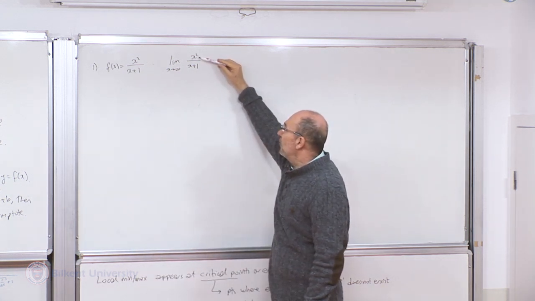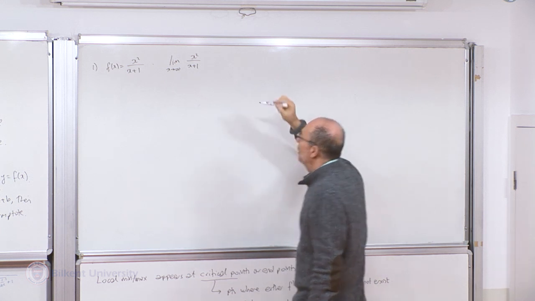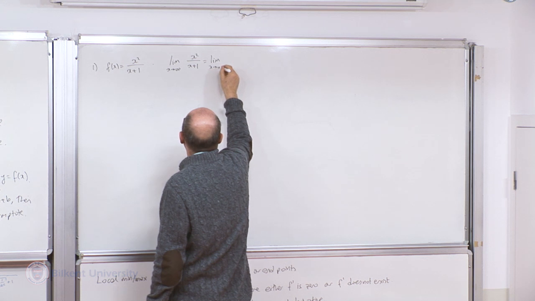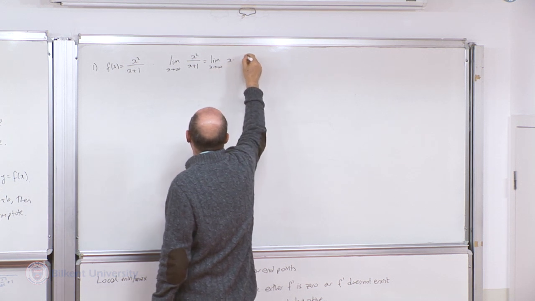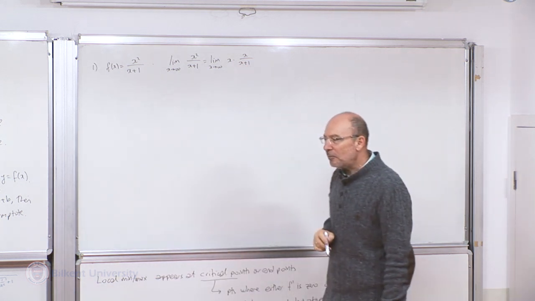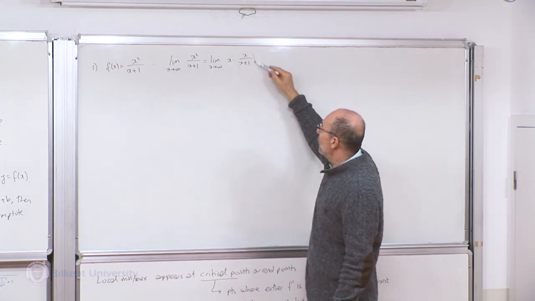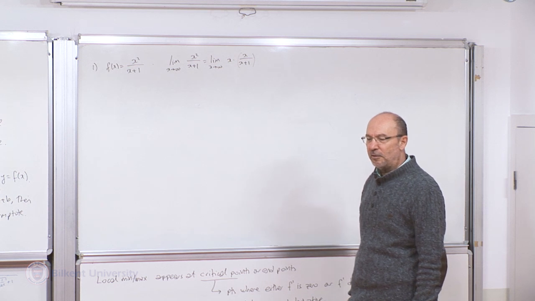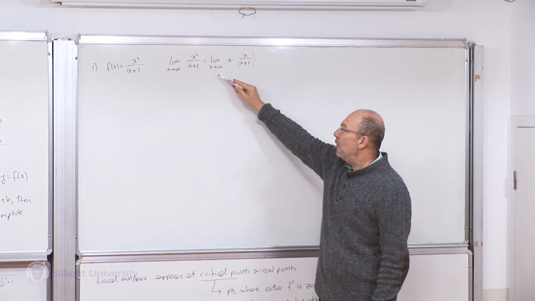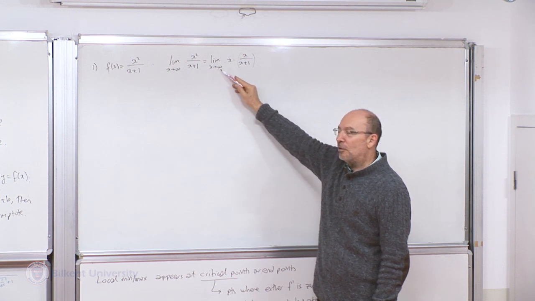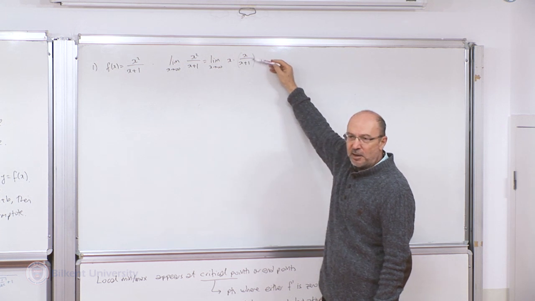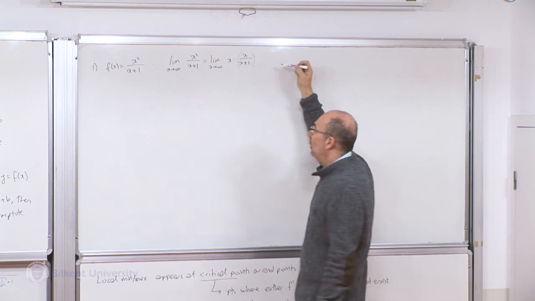Let me write it to make it clear. As x goes to infinity, I have x times x over x plus 1. As x goes to infinity, this goes to 1, right? And this goes to plus infinity. So if I take x going to minus infinity, this will be minus infinite, but this part is again going to be 1.